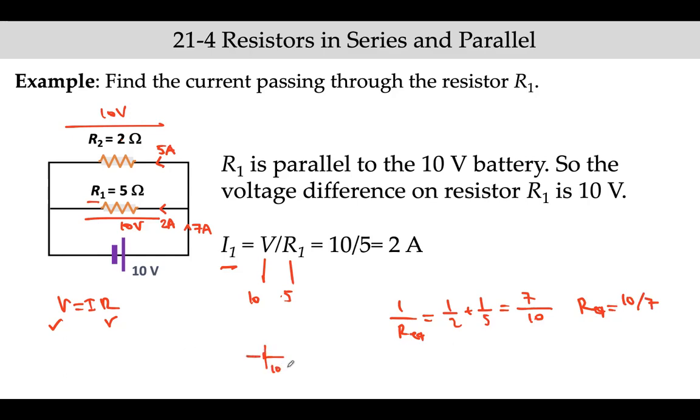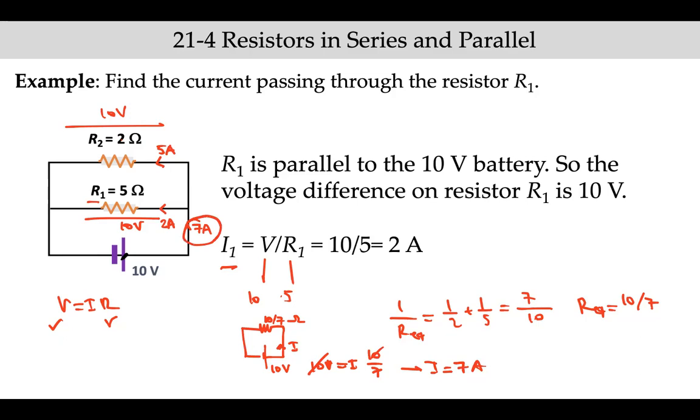Again 10 volts, and the equivalent resistor is 10 divided by 7 ohms. Now let's try to calculate current. 10 equals current times R. R is 10 divided by 7. Now these 10s cancel, and I turns out to be 7 amperes, which is exactly the same as we found here.